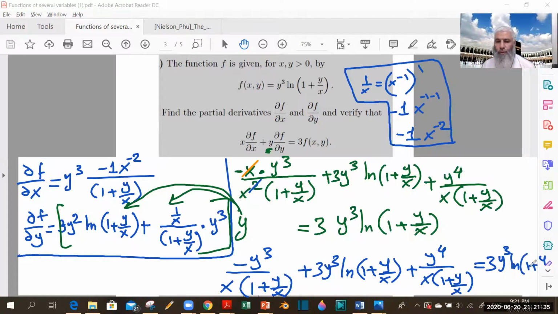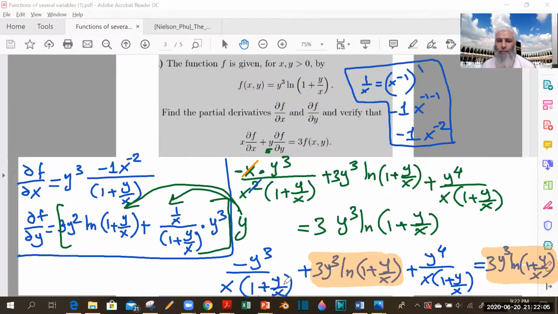You know what's wrong? This part is the same as this part. Yes. But the problem here is we need to cancel this with this.